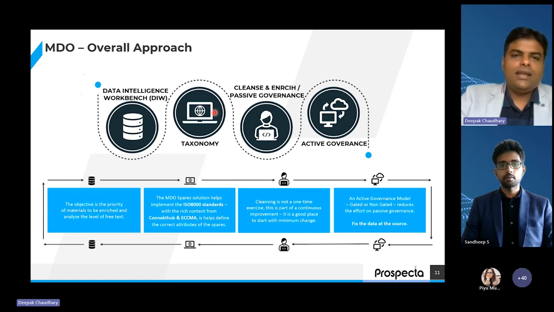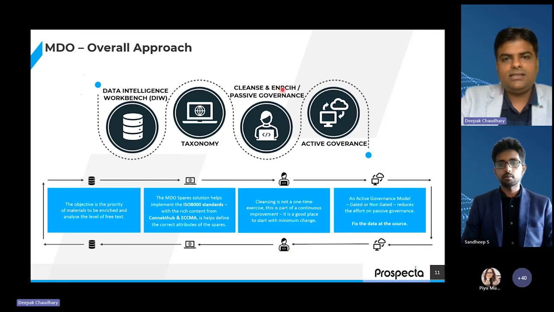And then you can apply the standard taxonomy that we have. We are aligned to the ISO 8000 standard when it comes to data quality, and all of the taxonomy, as I explained, is also maintained in the MDO system. So you will have the list of priority materials and the taxonomy in place, so you can do the cleanup and enrichment of your data.